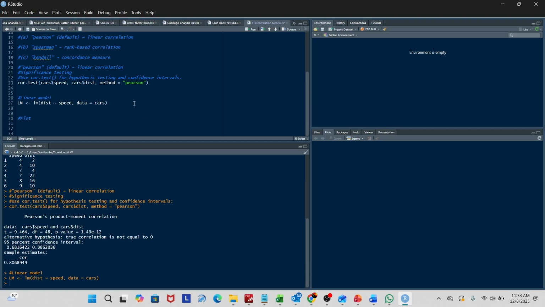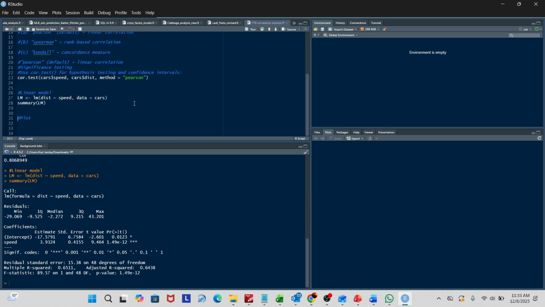So we run our model and then we take a summary of our model.